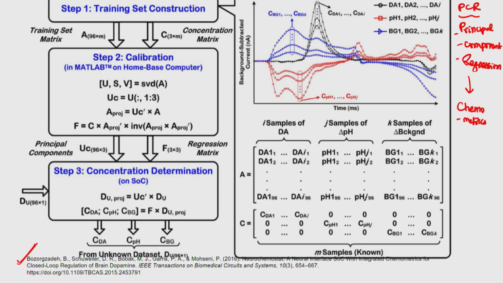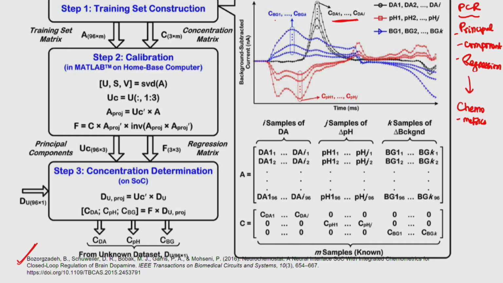Here in this particular paper they are trying to measure dopamine in the brain with respect to stimulation. If you stimulate certain areas of the brain, there will be some dopamine release. Now, the dopamine sensor that they are using shows responses due to dopamine. This CDA is the response due to dopamine.